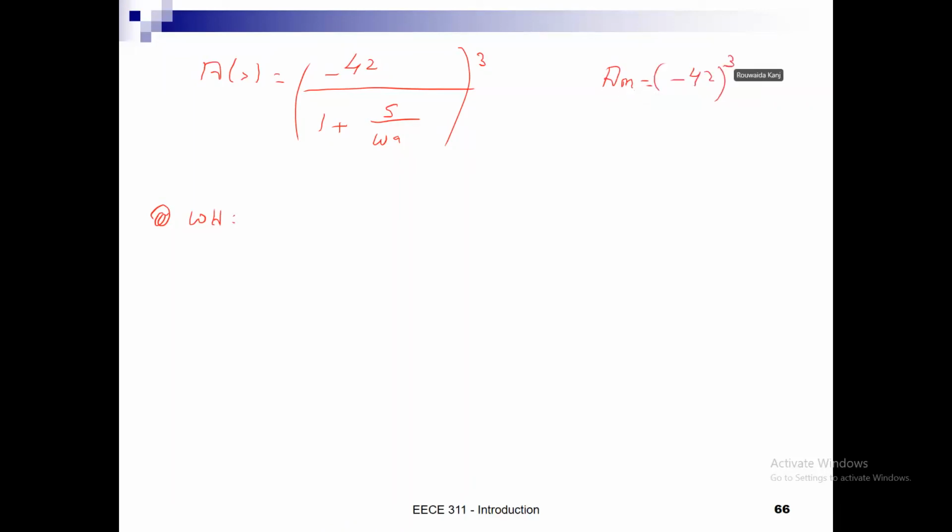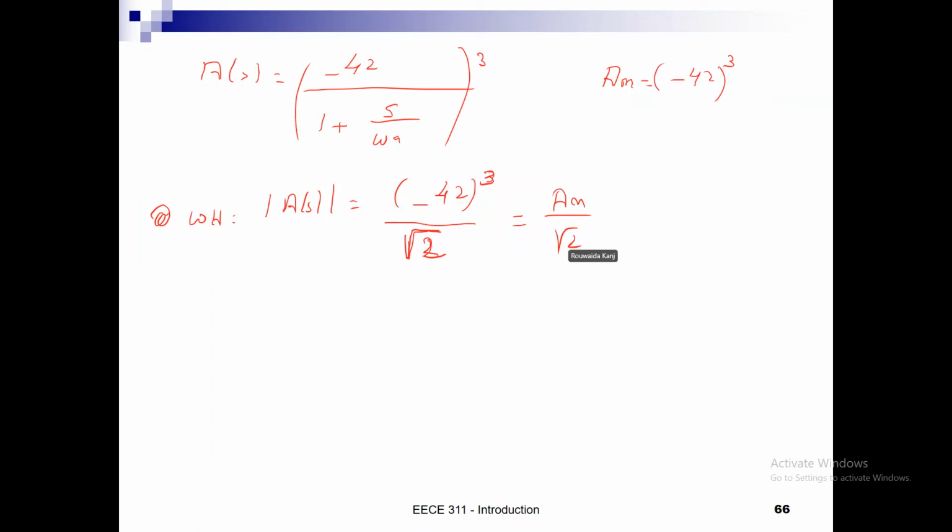For the system, we set S to 0, right? So at omega h, the magnitude of A of S is going to be equal to the low frequency gain over radical 2, right?